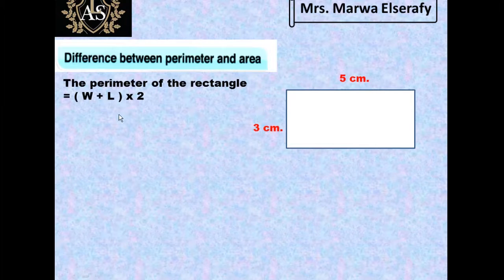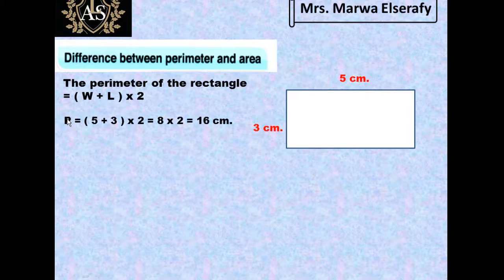The width is 3 and the length is 5. So I will make 3 plus 5 and multiply the result by 2. 5 plus 3 equals 8, times 2 equals 16.